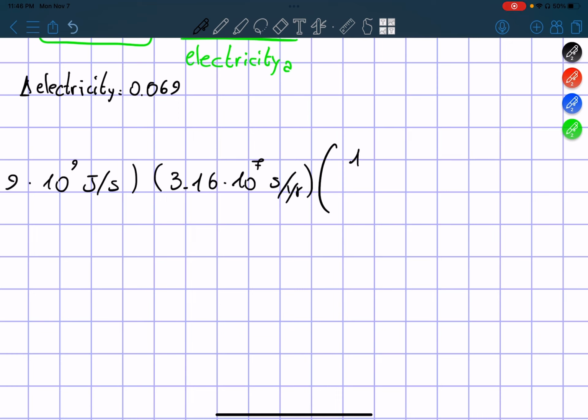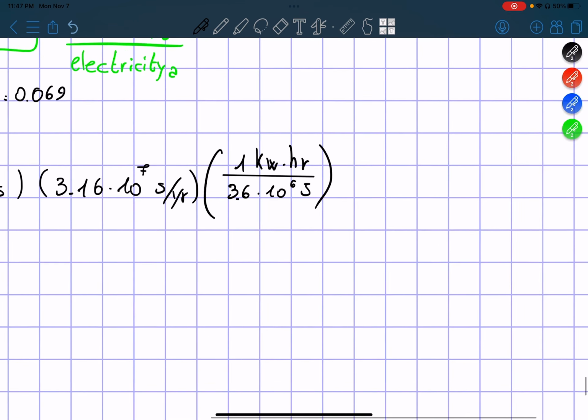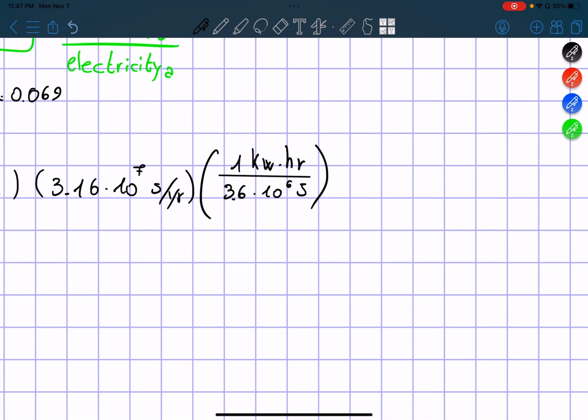So 1 kilowatt hour is equal to 3.6 times 10^6 joules, because 1 watt is equal to 1 joule per second, and we have 60 seconds times 60 minutes in an hour, so we get 3600.